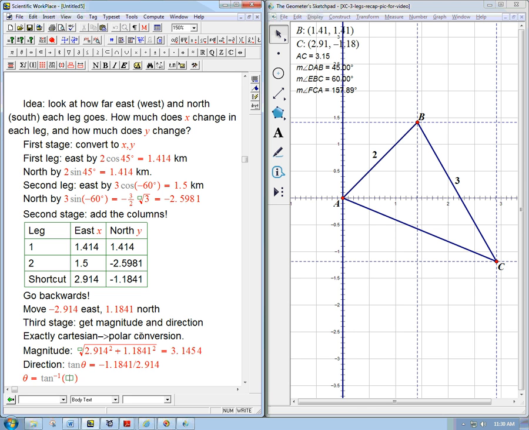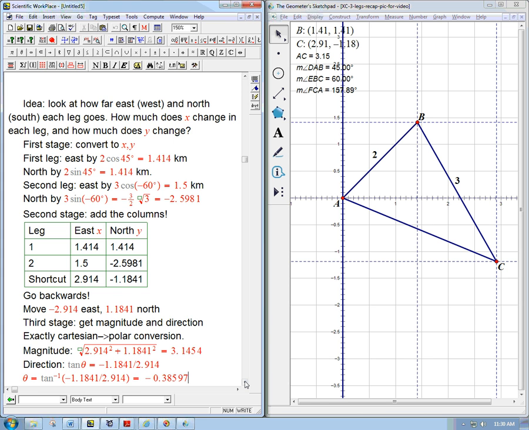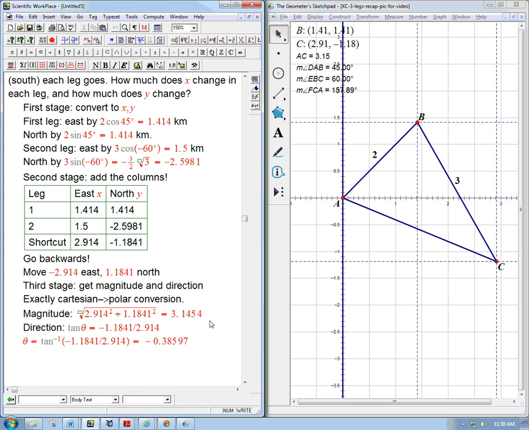Well, maybe, maybe not. Let's see what it gives us. Now it's going to do it in radians. Okay. But let's see. A negative radian. Oh, that's not right, because that would be down in this quadrant. We want to be in the second quadrant, because it's this angle here that we want. It's really supposed to be 158 degrees.